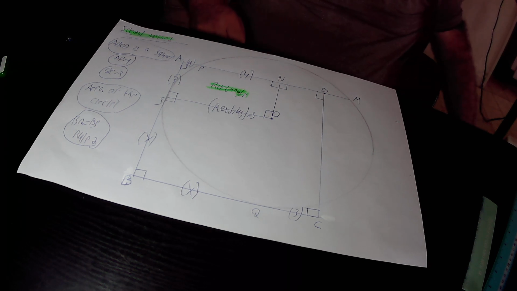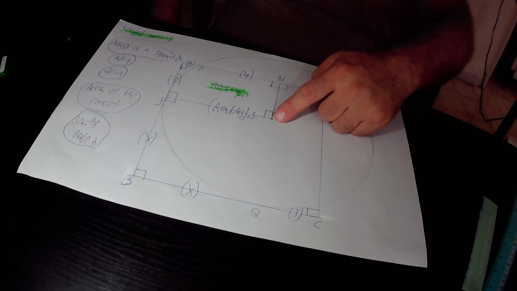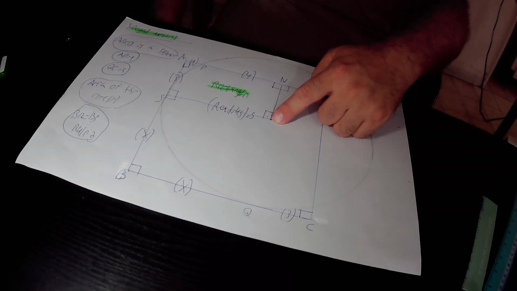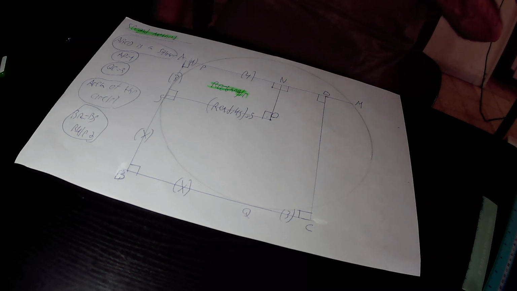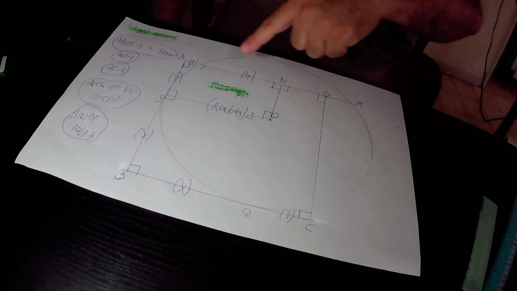In the next step, we did the construction. From this point O, the center of the circle, we draw a perpendicular on chord PM.